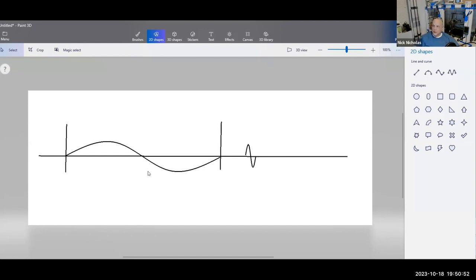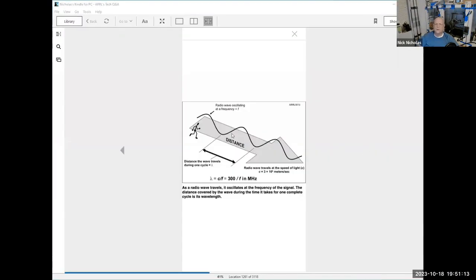Is this clear to understand? All right, let's go back to the extremely clear. Let's go back to the book for a moment before we go to break. Here we go. So that's what this is trying to illustrate with this drawing, that it's how far light travels, the distance that it will get across.